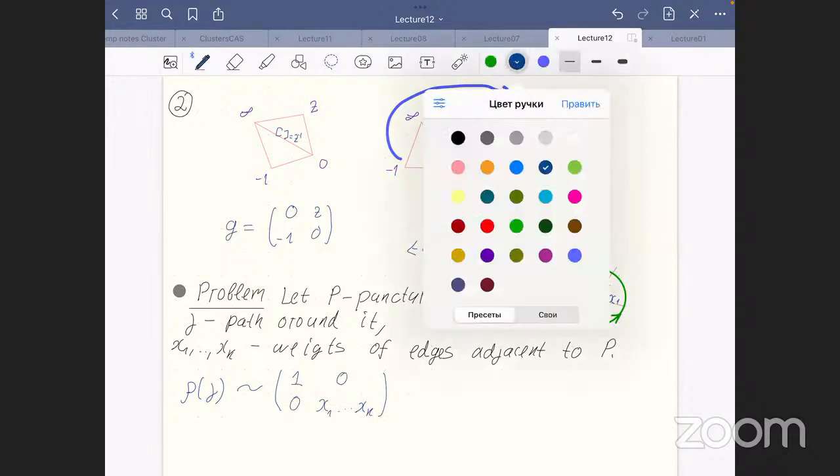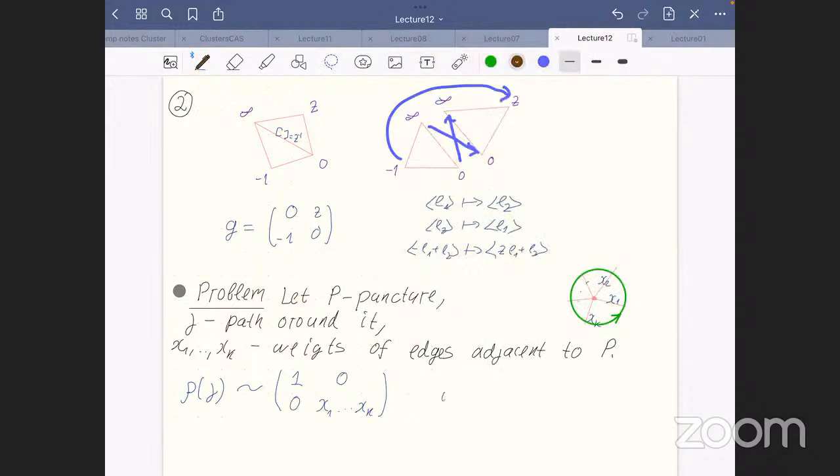Maybe I should note that this is in PGL2. It means that if we have matrices in PGL2, you can multiply them by any scalar, and all the eigenvalues will be multiplied by that scalar.